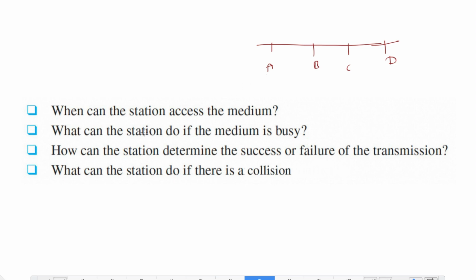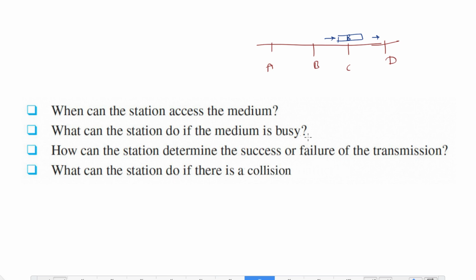The second question is: what can we do if the medium is busy? Suppose some packet is already being transmitted, say B transmits a packet to D, and C wants to send, but C finds that the medium is busy. What should C do in that case?